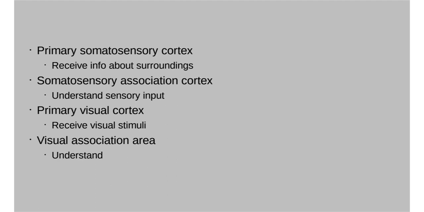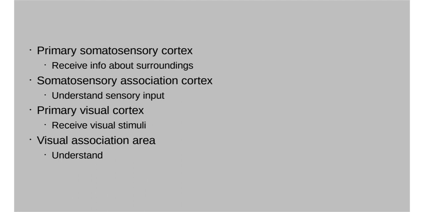And from that primary somatosensory cortex, which has a lot of areas we'll see in just a little bit, that information is passed on to the somatosensory association cortex. And here, information is given meaning. We're going to compare it to things that we've encountered before to actually give meaning to what it was that came into the primary somatosensory cortex.